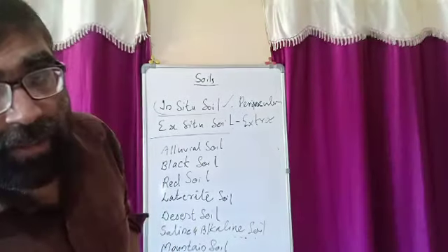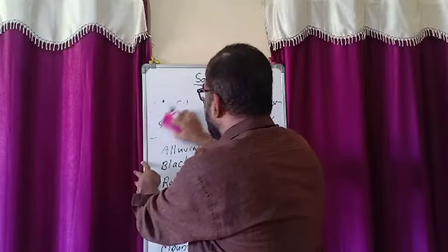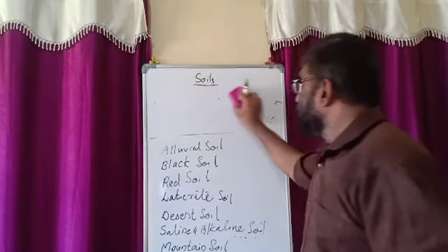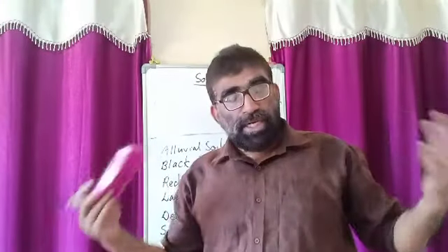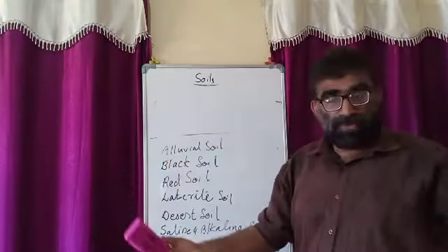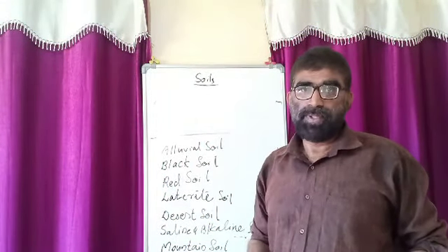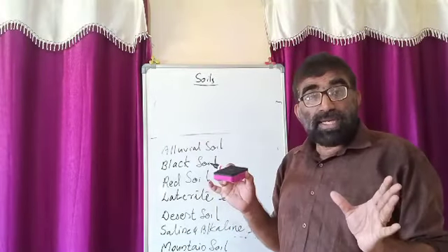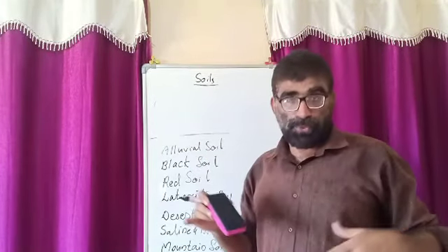Okay, then, the different types of soil found in India. India, we know, has a different climate, varied topography, natural vegetation, and so many other factors. As I told you, these factors determine the classification of the soil.